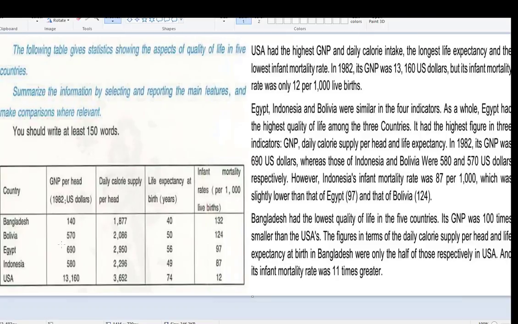So we've got 5 countries, and the table gives us the gross national product in 1982 terms, calorie intake, or calorie supply rather. I guess that's the same as intake. Life expectancy and infant mortality rates. Aspects of quality of life.